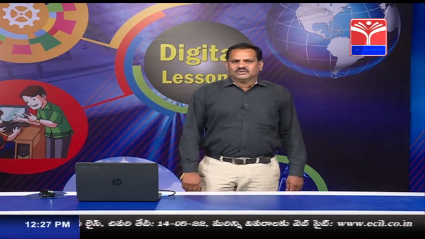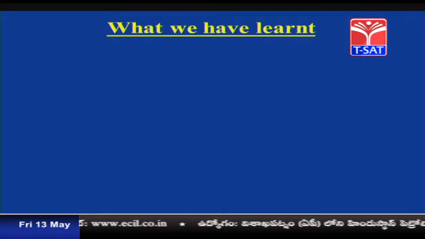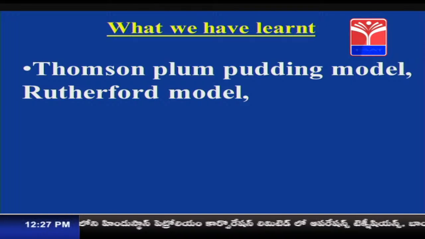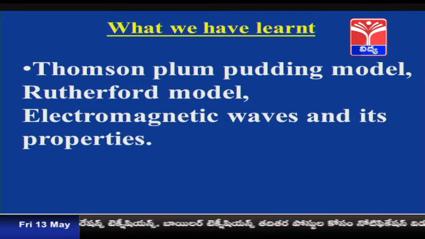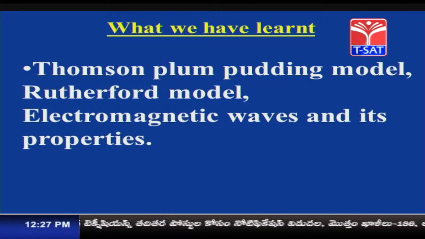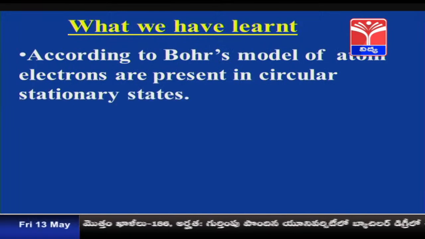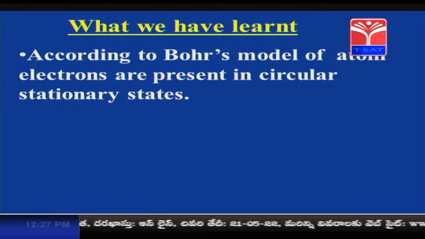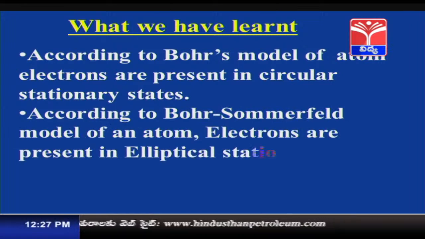Let us revise what we have studied in today's class. In today's class, we have studied the Thomson plum pudding model, the Rutherford model, and also electromagnetic waves and their properties. We studied the Bohr atomic model, and according to the Bohr model of the atom, electrons are present in circular stationary states, and according to the Bohr-Sommerfeld model of an atom, electrons are present in elliptical stationary states.